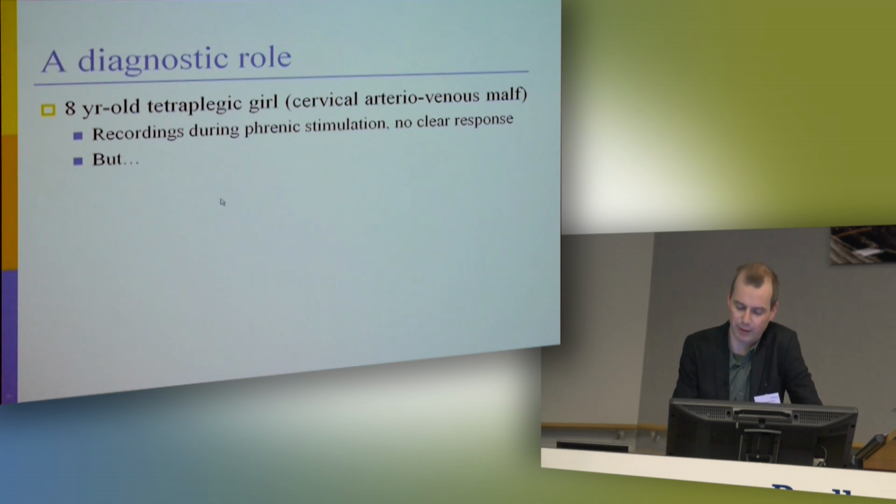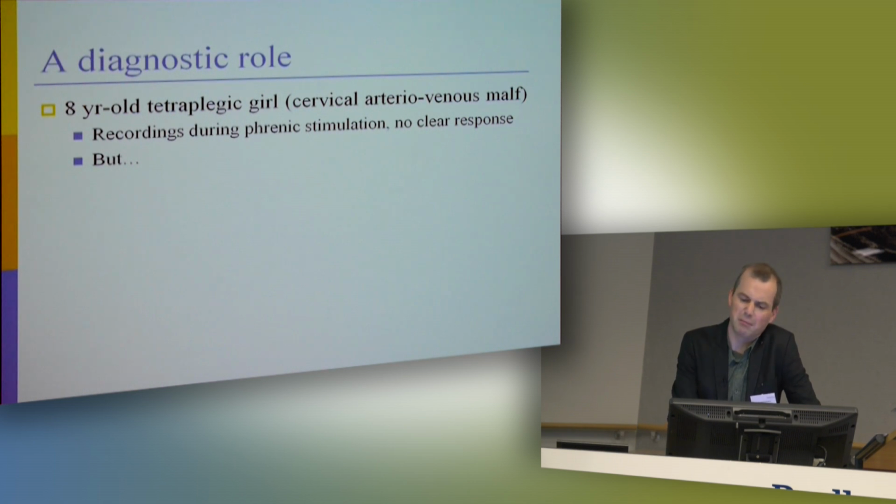Before implementing the diaphragm pacing, we have to conduct a trial of phrenic stimulation to see if the phrenic nerve activity remains stimulable. My colleagues asked me to measure the esophageal pressure during the phrenic stimulation to see if there was a response.